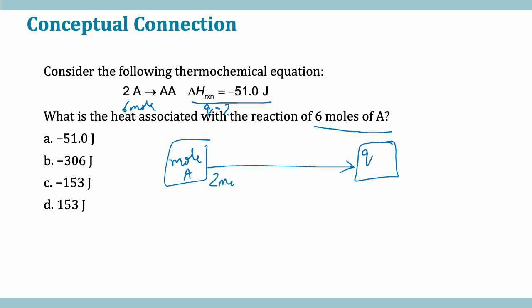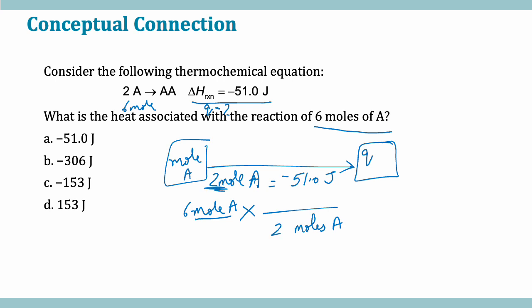For 2 moles of A, the heat is negative 51.0 joules, which means if I start with 6 moles of A, multiply it with the conversion factor, my starting unit is moles of A, so I divide by moles of A. How many moles of A from here? 2. Negative 51.0 joules.